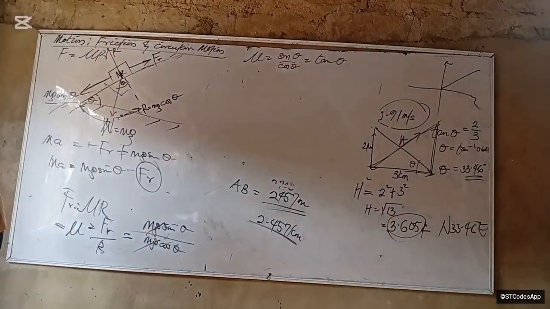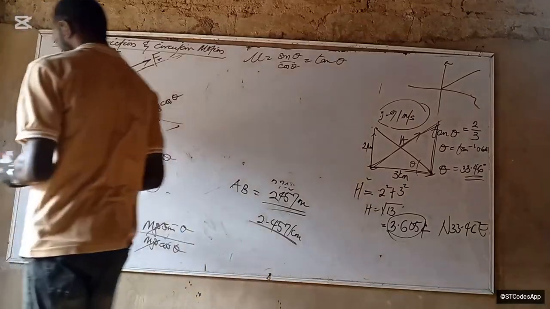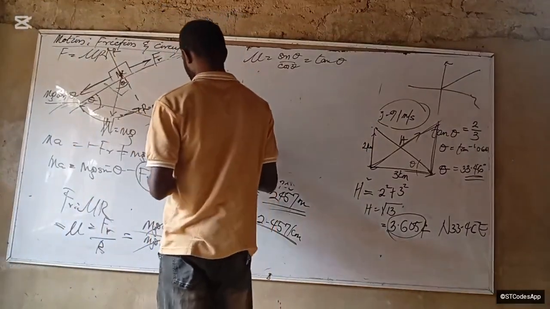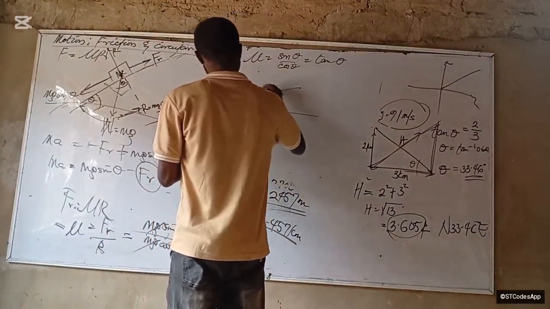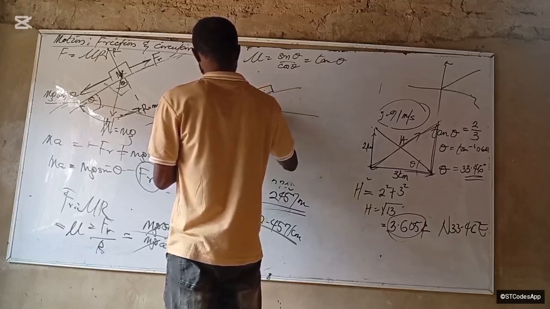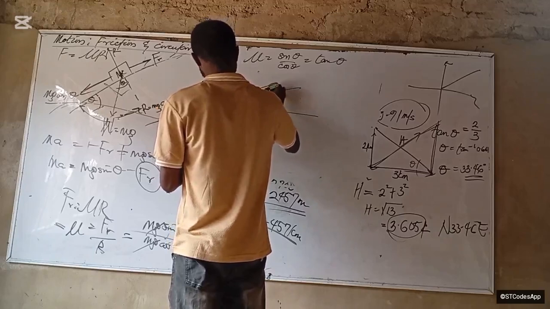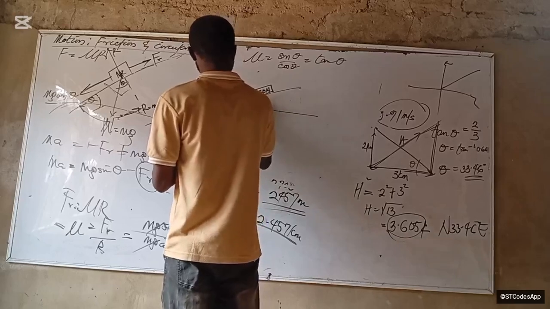Look at this question. This first question says that an inclined plane at angle 30 degrees. Let me just draw it for you, so you solve it. Are you going to attempt it first, or should I attempt one first for you? Okay. This body is 120 Newton. Angle 30 degrees.